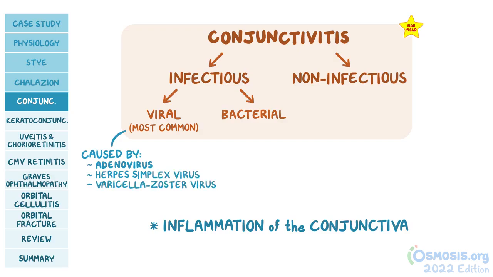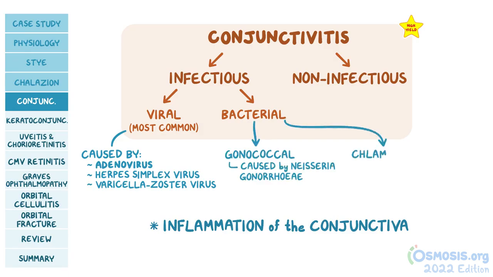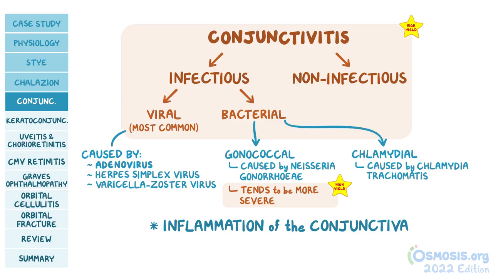Bacterial conjunctivitis can be gonococcal, which is caused by Neisseria gonorrhoeae, or chlamydial, which is caused by Chlamydia trachomatis. For your test, remember that gonococcal conjunctivitis tends to be more severe and might be accompanied by various complications.